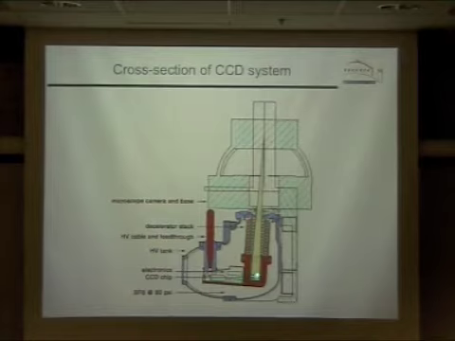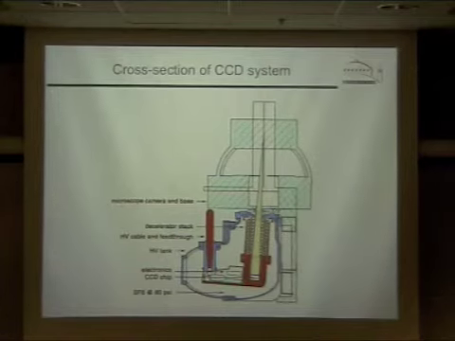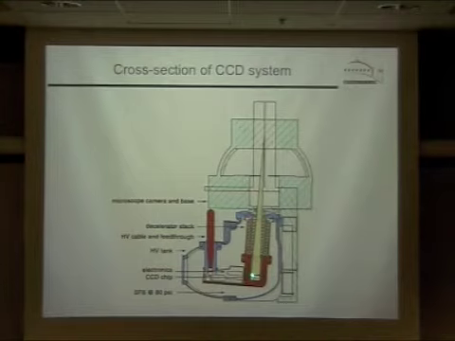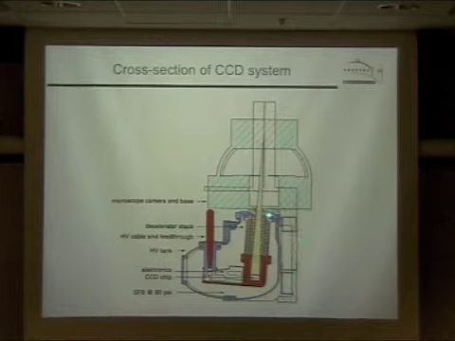So the CCD chip itself sits down in the bottom of here, and the way we put this together, all of the camera electronics that normally sit in the box on top of the microscope console is packaged inside a little container that sits inside this tank here, all sitting at high voltage.